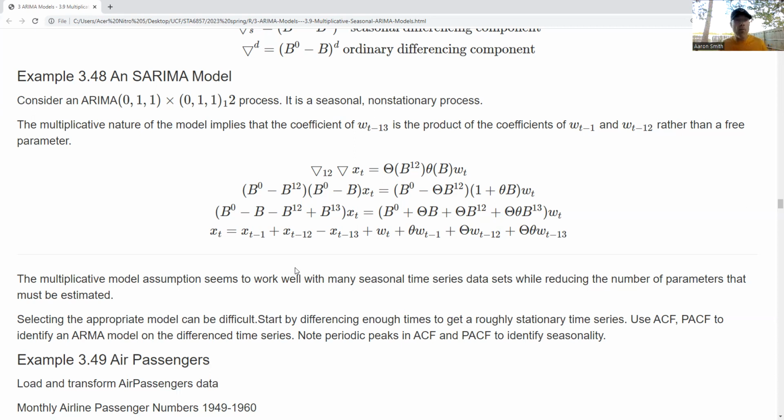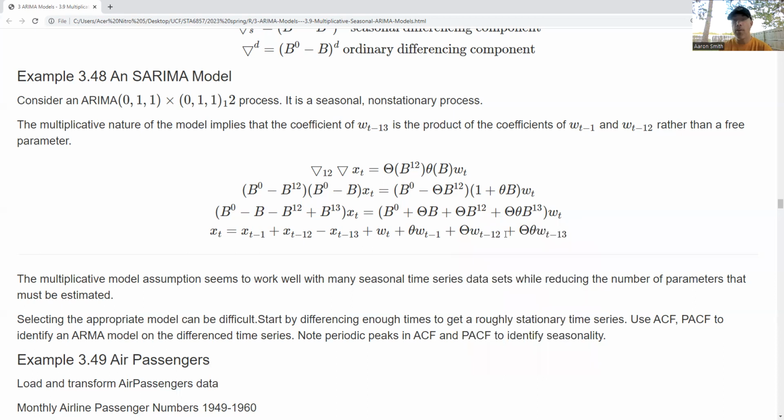All right, so the multiplicative model assumption seems to work well with many seasonal time series data while reducing the number of parameters that must be estimated. And so here you'll notice that I could represent the right-hand side as moving average degree 13, but instead I have the same parameter twice for each of these, and they're being multiplied out.